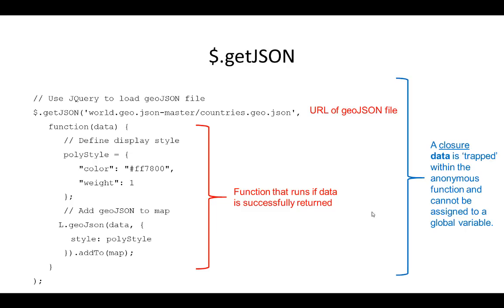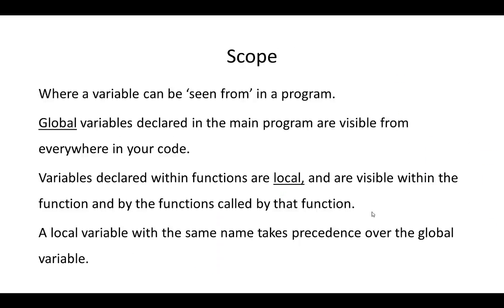Now I'm going to read the AJAX, read the JSON file and load it in. That's the code that it looks like. However, before we get into that, I want to talk about scope, because we need to understand the concept of scope in programming.